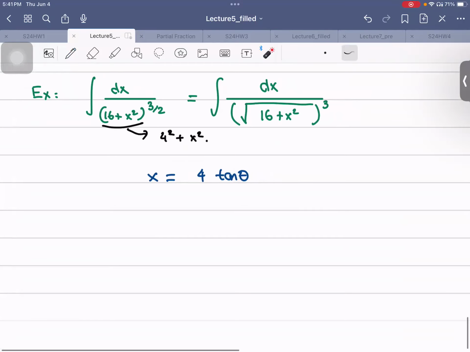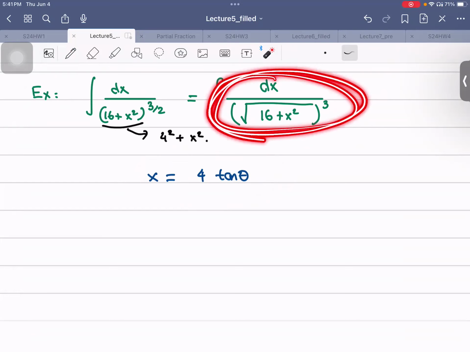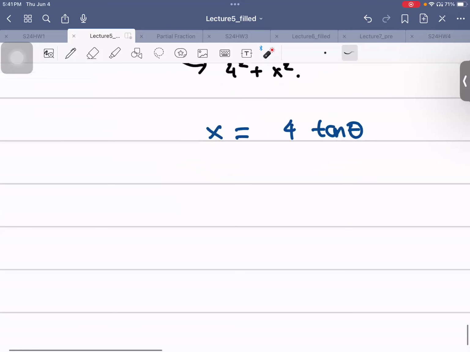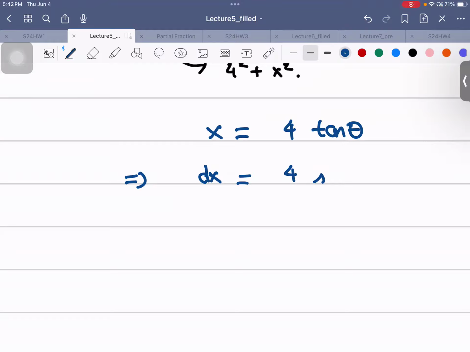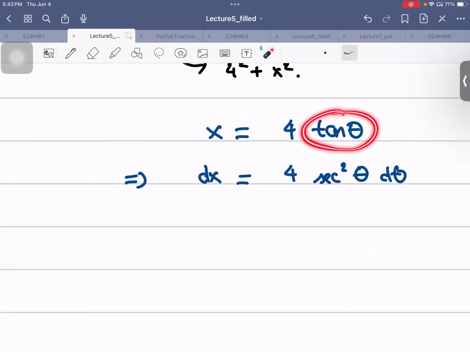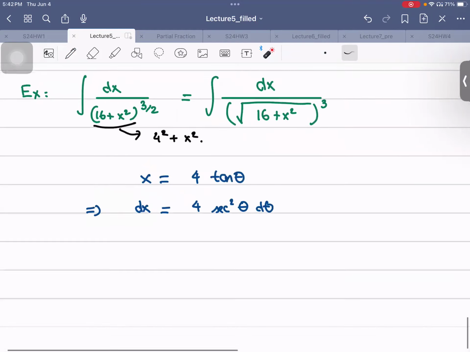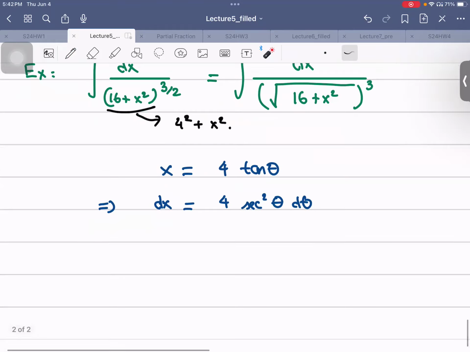After I do the substitution, I need to translate my integral in terms of x into the integral in terms of theta. So dx will be 4 times secant squared of theta d theta, because the derivative of tangent is secant squared.